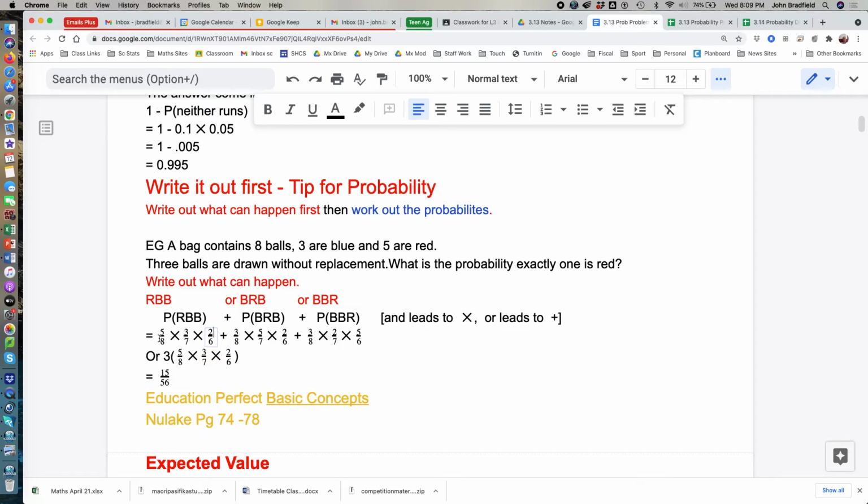Now, actually in this case, all 3 of those tend to be the same thing. So that is the same as all of that, is the same as all of that. So we could just go 3 times the first one. Yeah, unashamedly use a calculator, and there we get the answer.